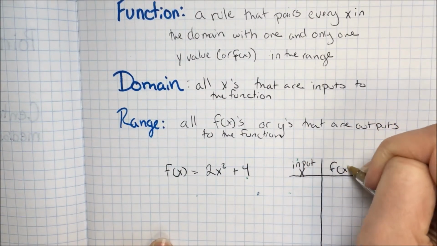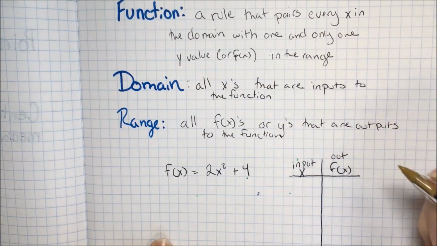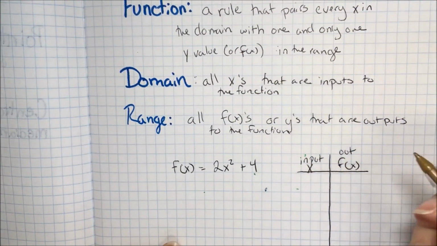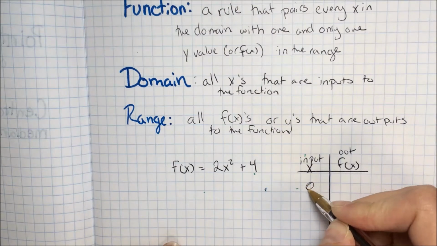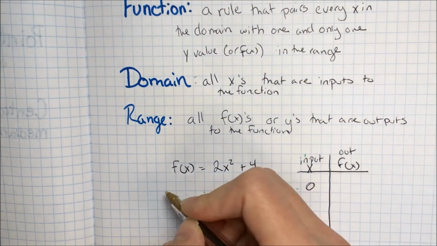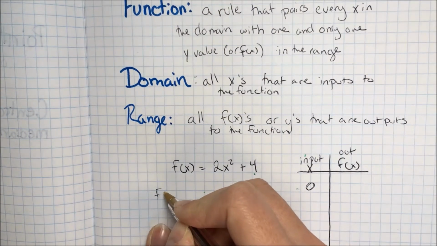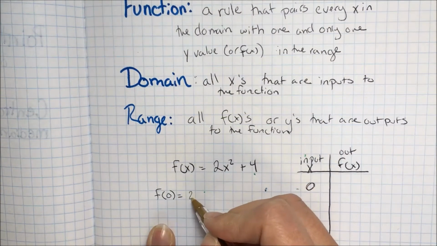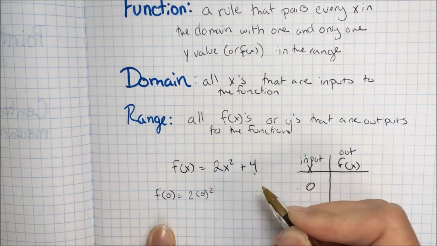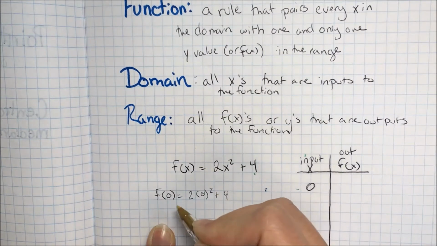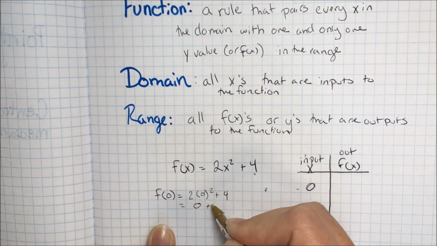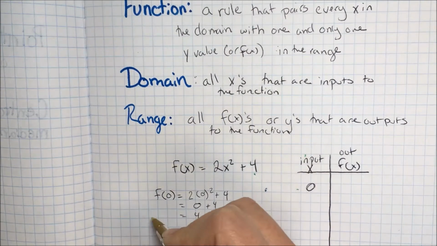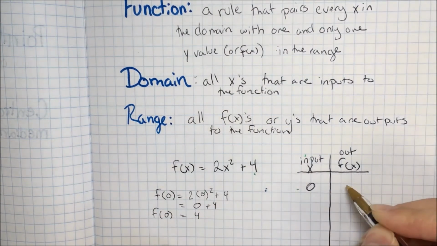F of x, those are what I get out. So if x is 0, and I want to evaluate f of x for 0, f of 0 would be when I plug in 0 for x. So f of 0 is 4.